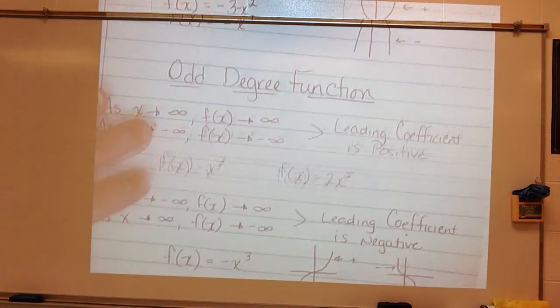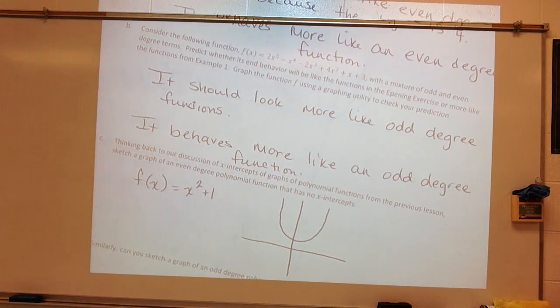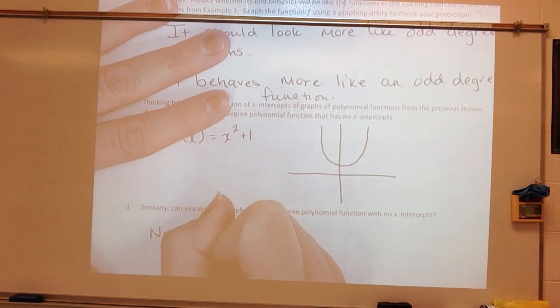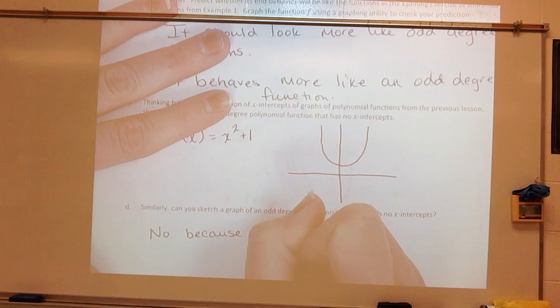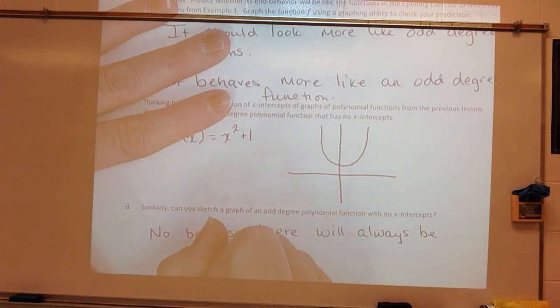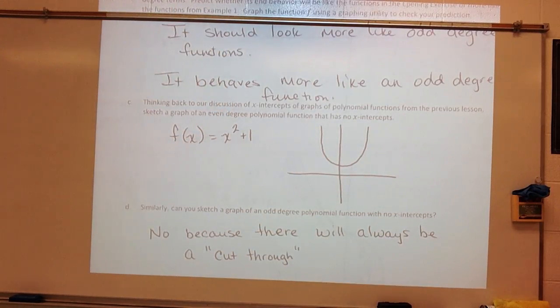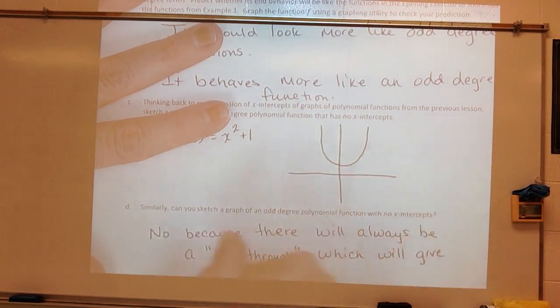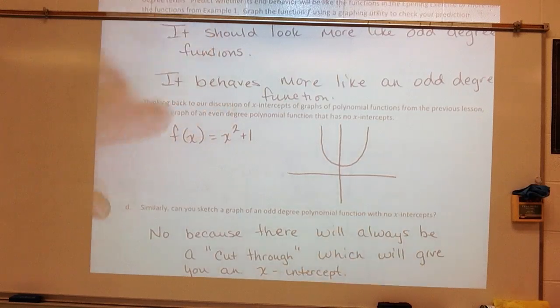There's always going to be an x-intercept somewhere, whether it be at 0 or -1 or whatever.